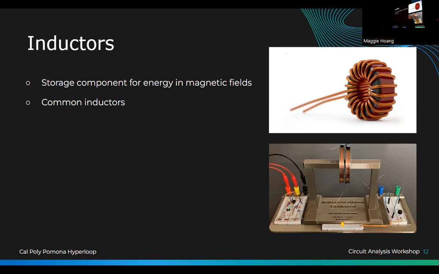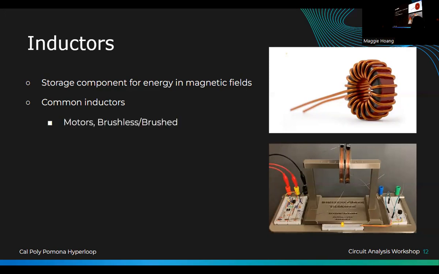So current is going through the wire this way. So the direction of the current is your thumb. And when you curl your fingers together like this, that's the magnetic field, right? Yeah, magnetic field that's around it. So that magnetic field is the reason why you can do wireless charging, because all that energy is in the magnetic field, right?